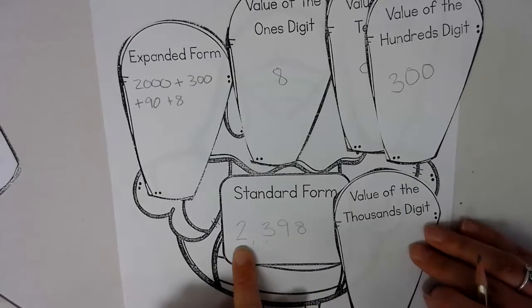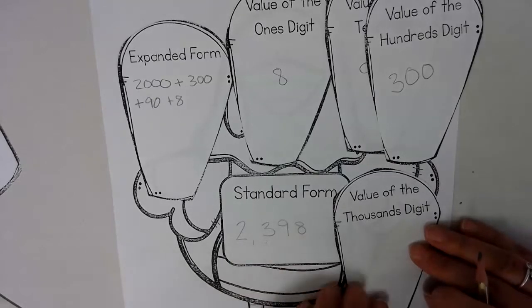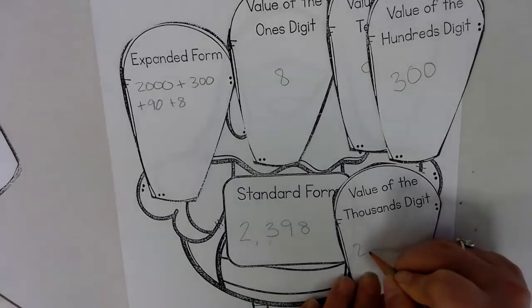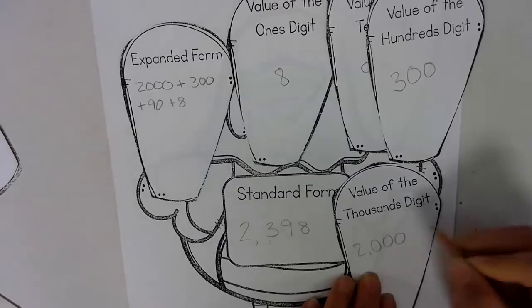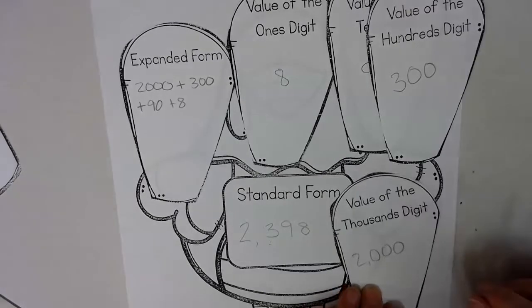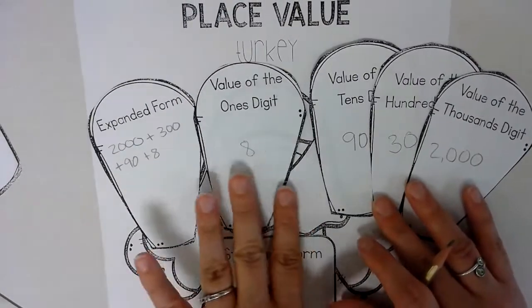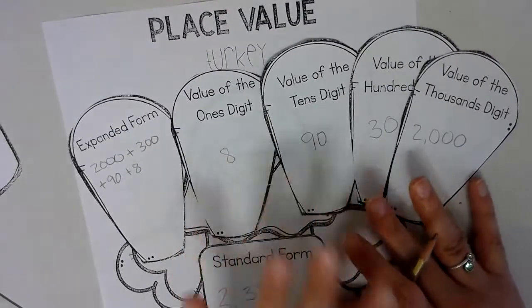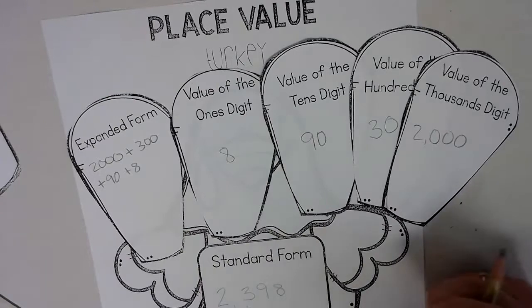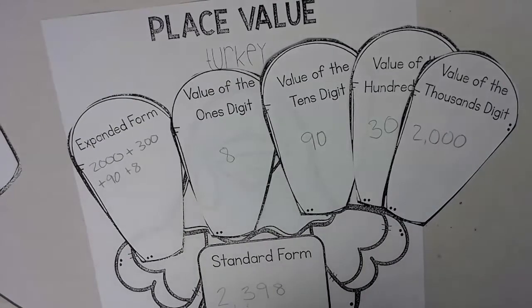Here is the thousands place. How much is that 2 worth? 2 thousands is worth 2,000. And there's all the little place value feathers. Pause if you need more time to complete these feathers for your own turkey.